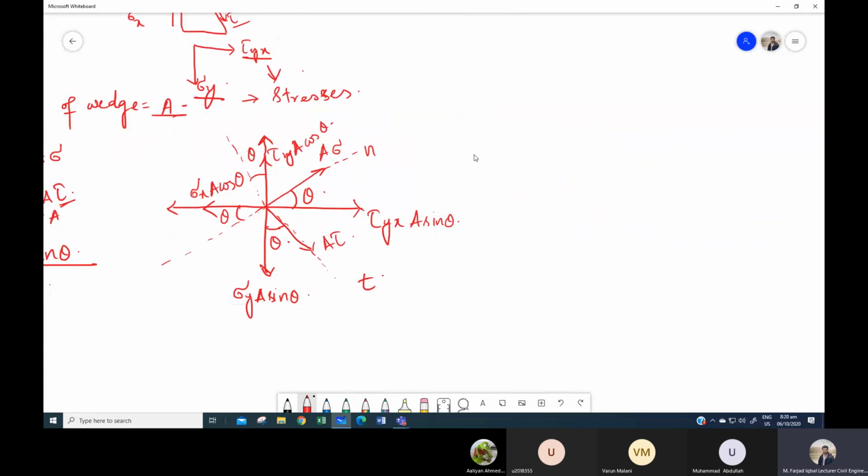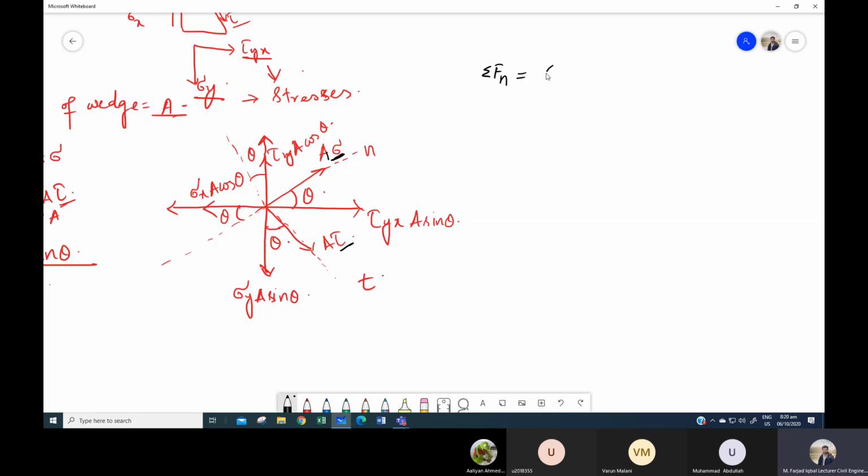So I assume that you have understood this one. Now, what is our main aim in this derivation? We have to represent these inclined normal and shear stresses in terms of the normal and shear stresses that are acting on the straight plane. So we will do the resolution of forces.